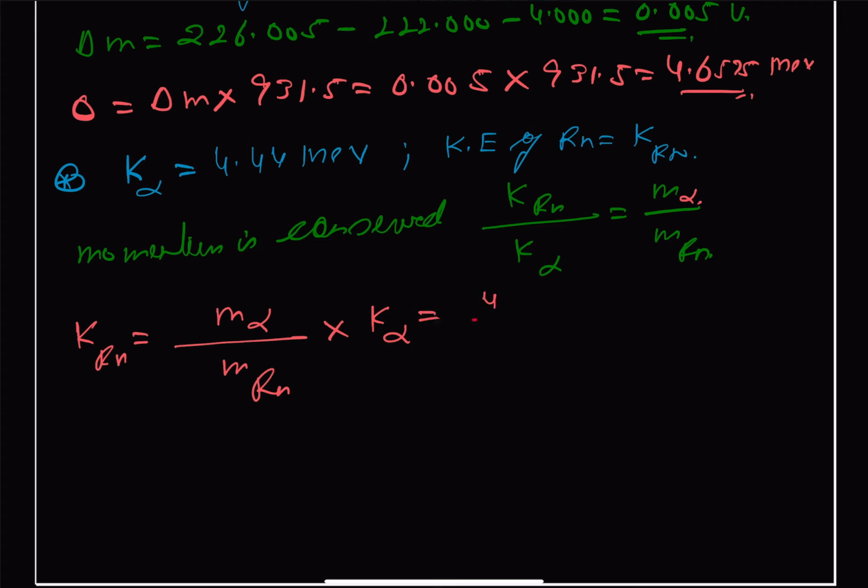So this comes as 4 upon 222 multiplied by 4.44, which comes approximately at 0.08 mega electron volt.